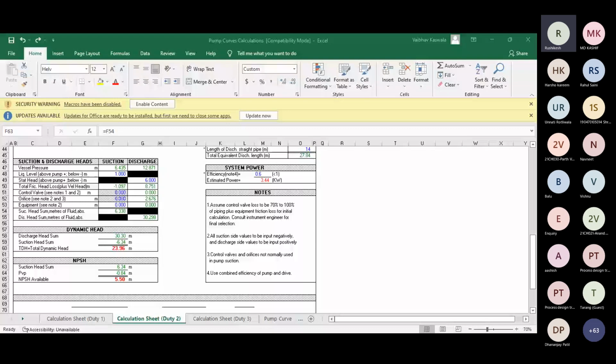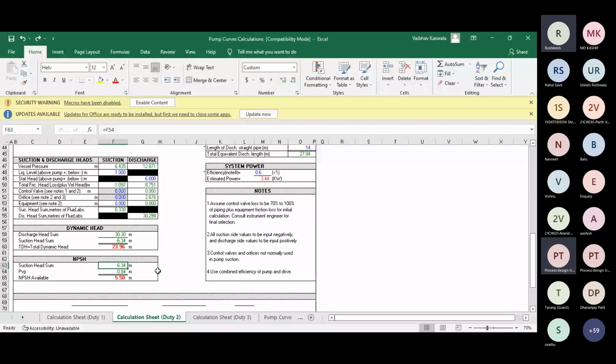Okay. Yes, Dhananjay, do you have any question? Okay. So basically what we can do is, once you have all the data, you can calculate the NPSH. There are variables. First of all, when we talk about the suction tank, the head pressure of the suction tank is positive. The liquid level inside the tank is also positive.